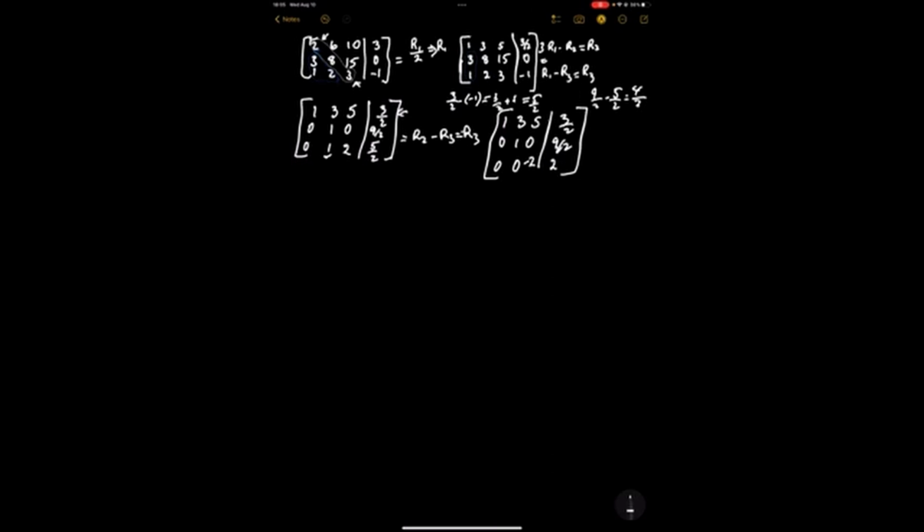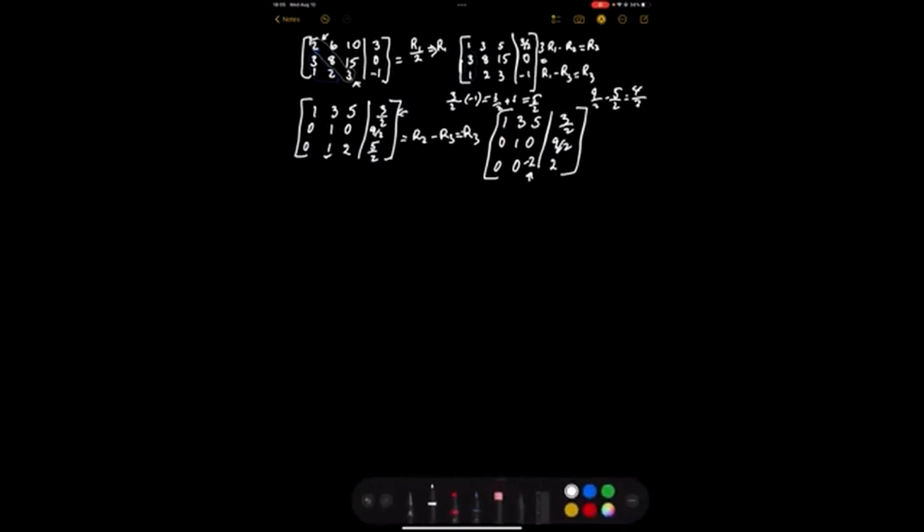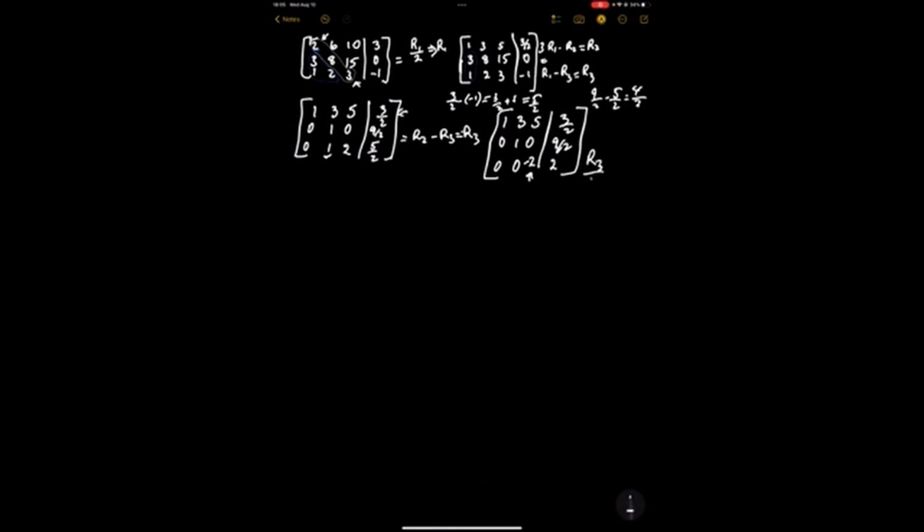What now? Now I want row 3 to be what? I want this number right here to be equal to 1. So what I'm going to do is I'm going to divide this by negative 2. Right? So I'm going to say row 3 divided by negative 2 is equal to row 3.